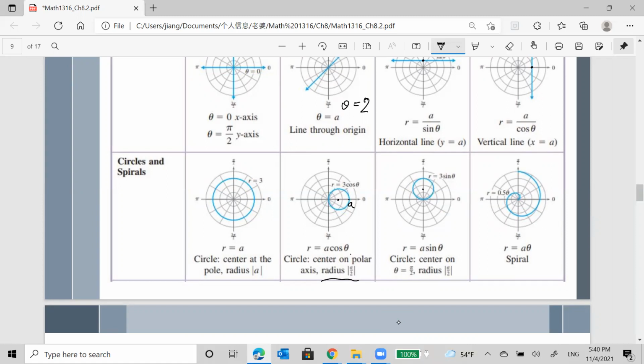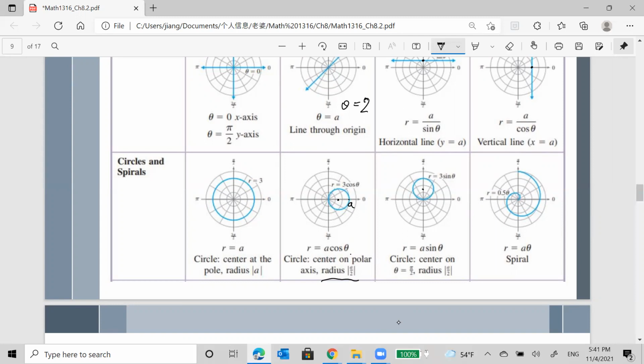If r equals a theta, it's a spiral. What's the meaning of that? If a is positive, theta, for example, is pi over 6. So from here to here is pi over 6, and then we increase theta's value.